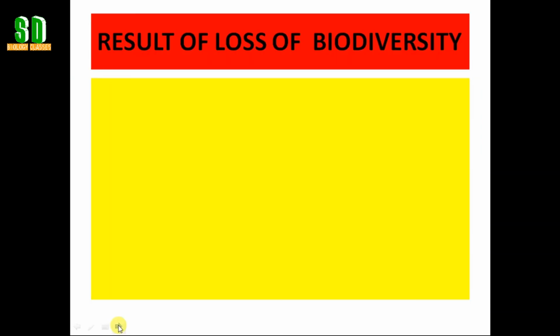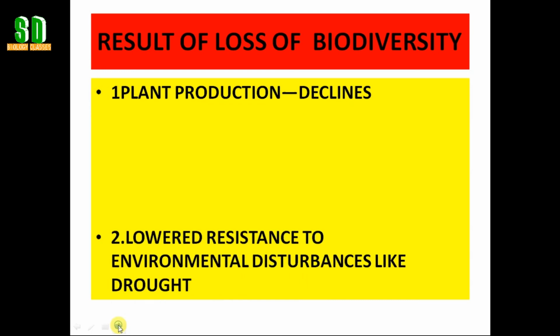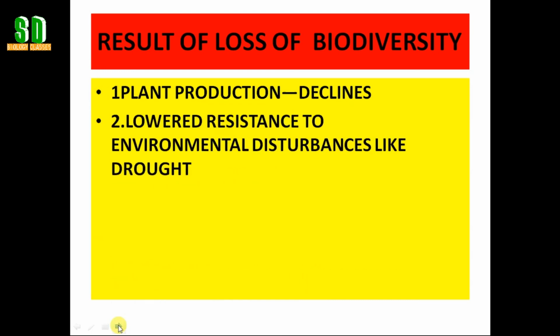Now we will see what can be the result of the loss of biodiversity. Due to loss of biodiversity, plant production declines, that is, we get a decrease in plant production. The resistance to environmental disturbances decreases, that is, the species which live in the ecosystem have decreased resistance to environmental disturbances like drought.